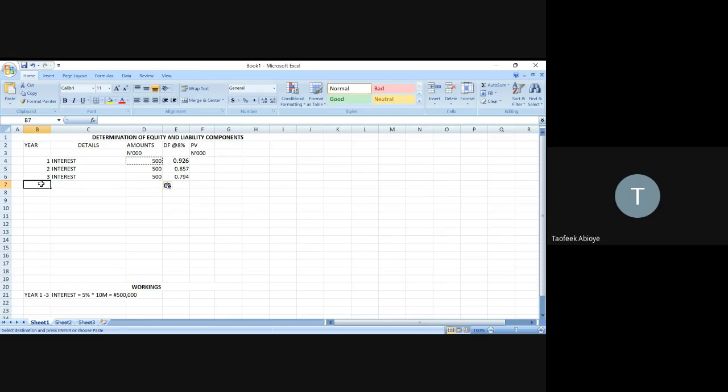And we agree that it is 3 years. So in my third year, I will collect two monies. I will collect interest, then I will collect redemption. Redemption is my money. I will collect my 10 million naira back.